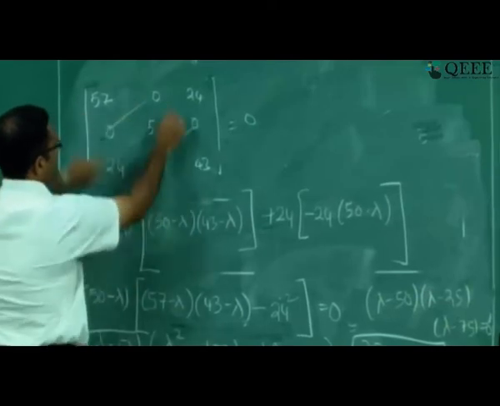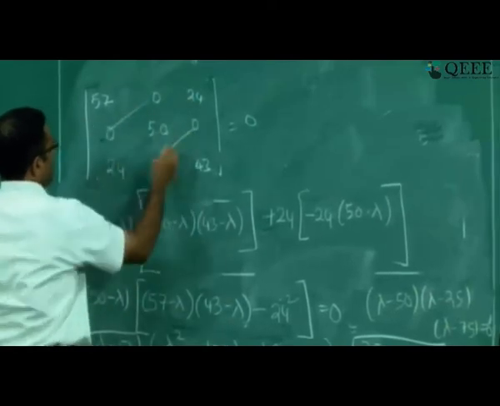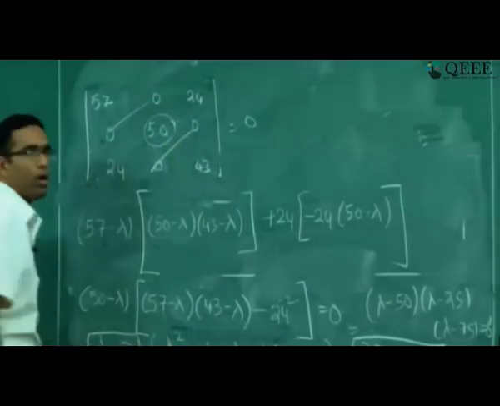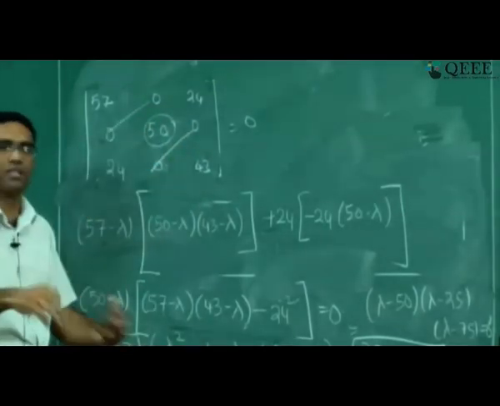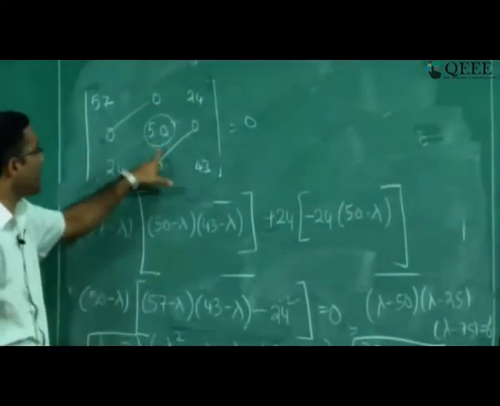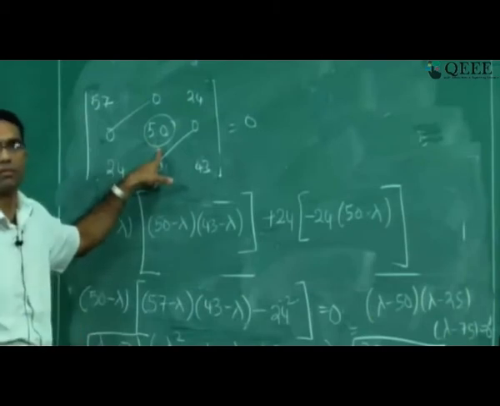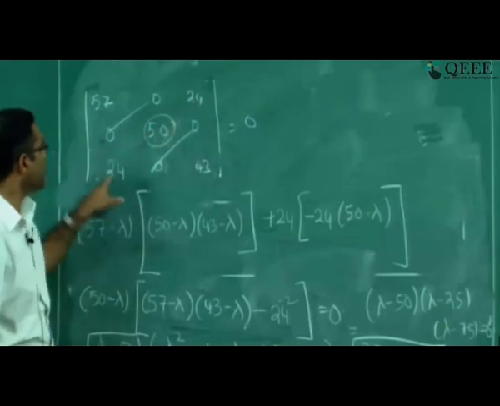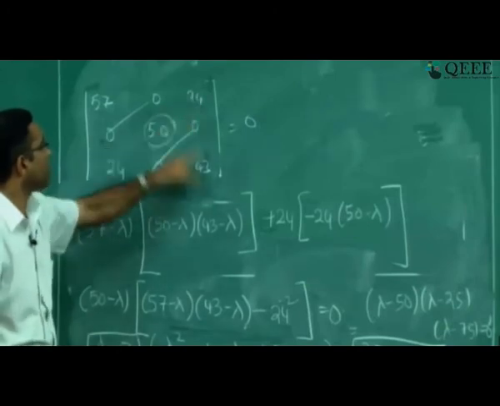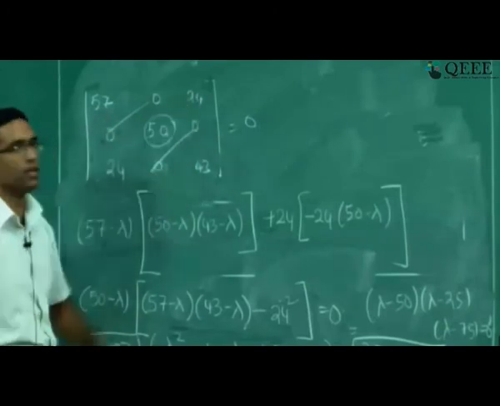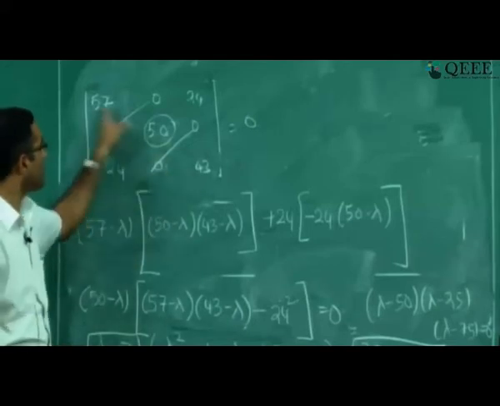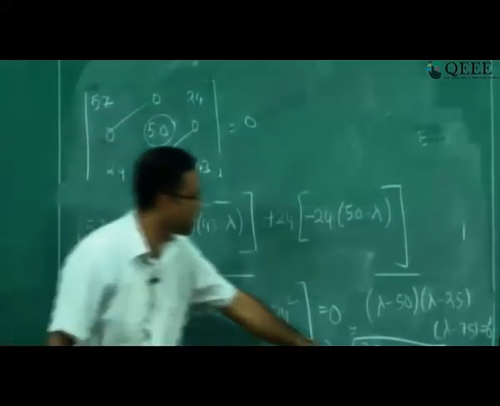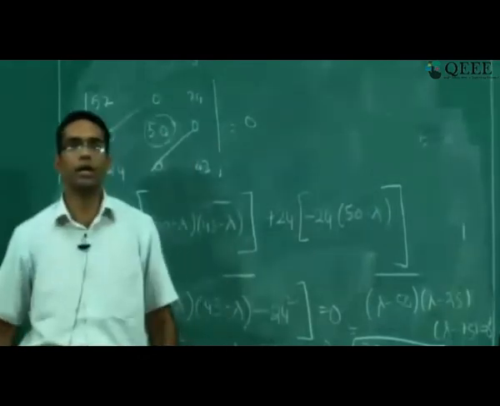On the second plane, other than sigma 22, all the other shear stresses that can act are basically 0. So 50 has to be a principal stress. Whereas for the other two planes, 24 is there, you have the shear component. So these two will not be the principal stresses.